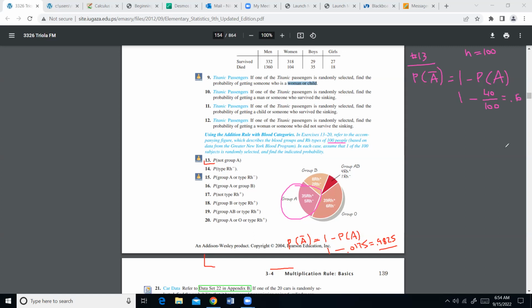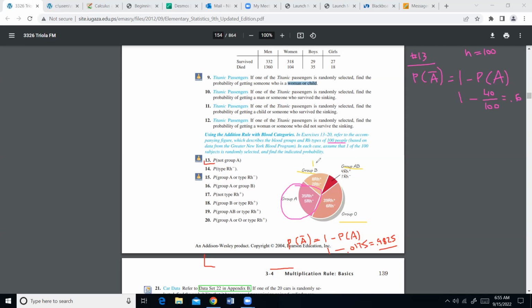So it looks like for this exercise, you just care about one group, and then you can subtract it from 1. Or on the contrary, you could have approached it directly. You could have just taken the rest of the groups, such as B, AB, and O, and added all of those elements, and that'd be your 60, right?